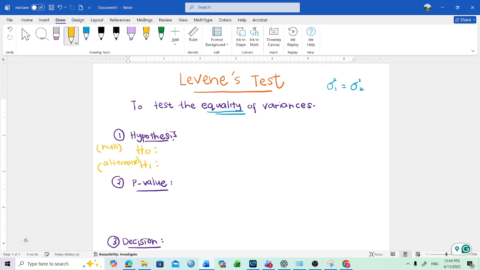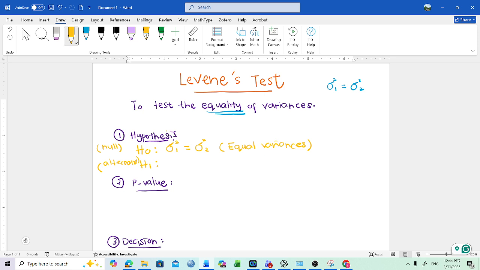The null hypothesis can be written as the variance, sigma squared, from group 1 is equal to the variance from the second group. This means equal variances. We assume that both variances are equal.